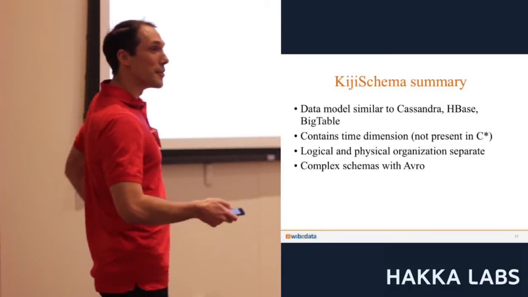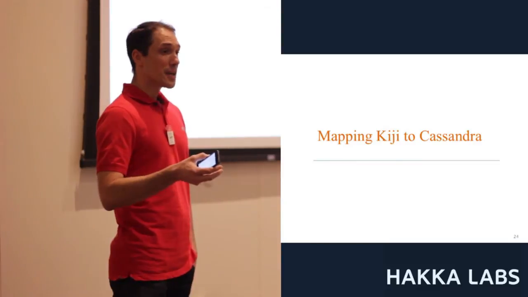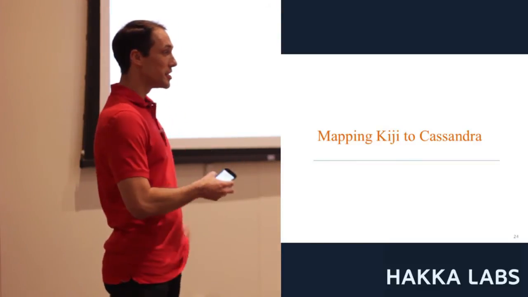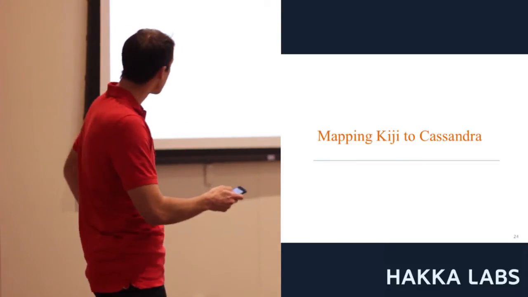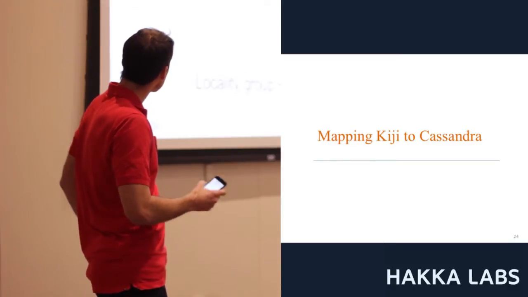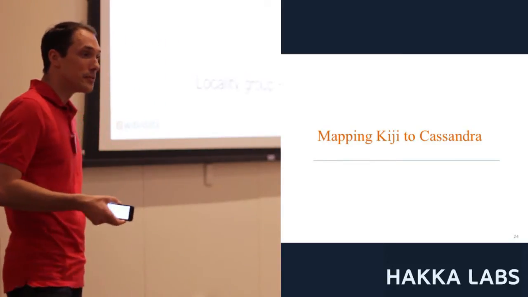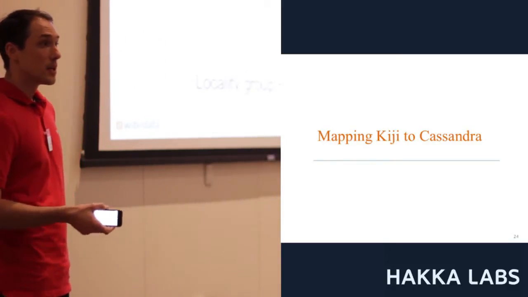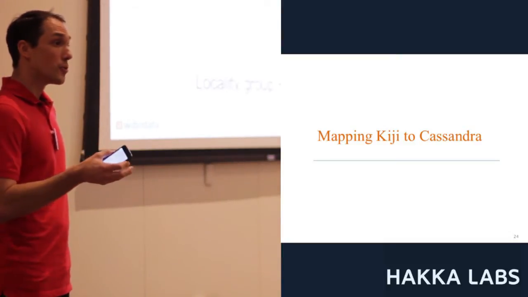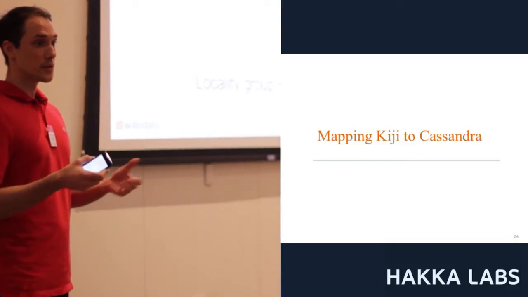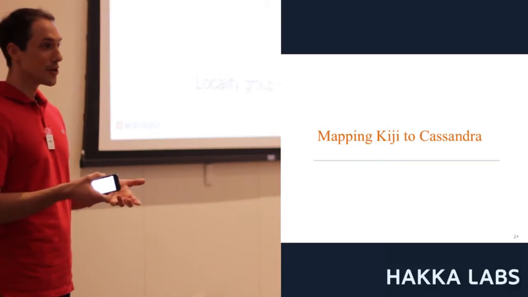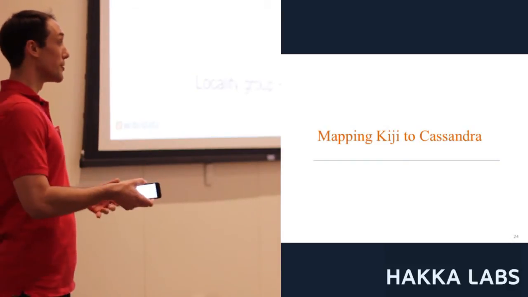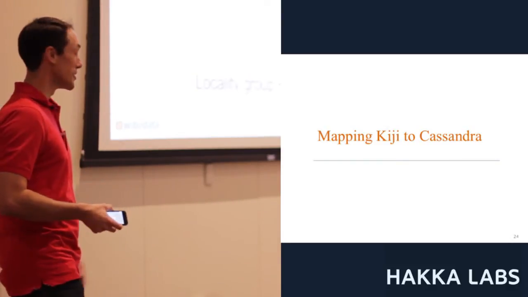OK, so now I'm going to talk about how we take this data model from Kiji and map it to Cassandra. The first place we'll start is with the locality groups. As I mentioned, these control how you're organizing data on disk. If you have data for one particular query, or one query pattern, you probably want to have it all co-located on disk.